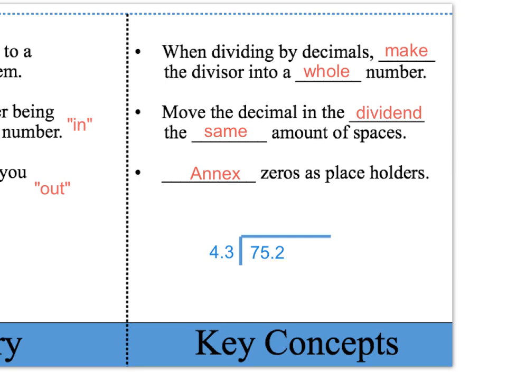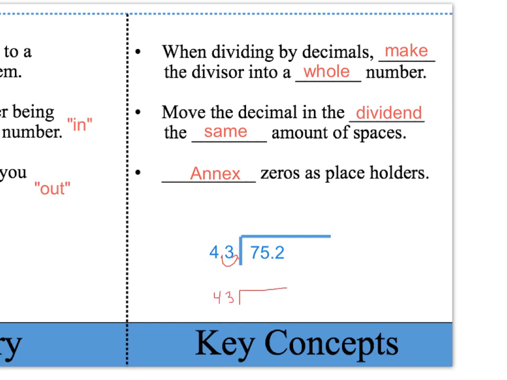Now the first part says I want to make sure my divisor is a whole number. So 4 3/10 is not a whole number, but I can make it look like a whole number by taking my decimal and moving it one space to the right. So now instead of saying 4.3, I can say 43.